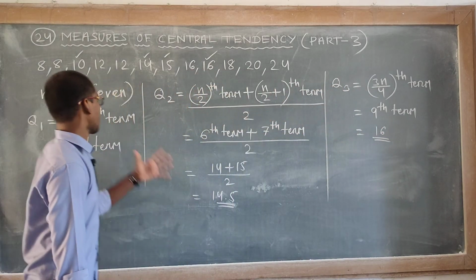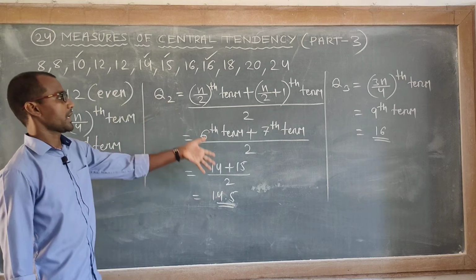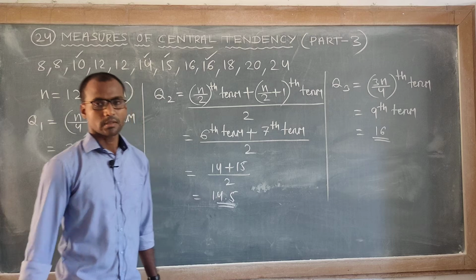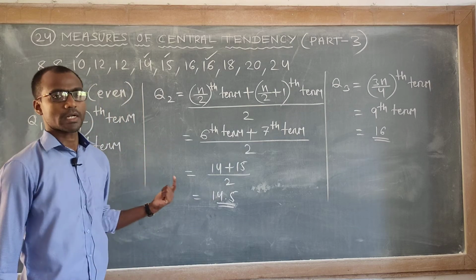Okay. So this is how to find the lower quartile, median and upper quartile for untabulated data. Now we will go for the interquartile range.